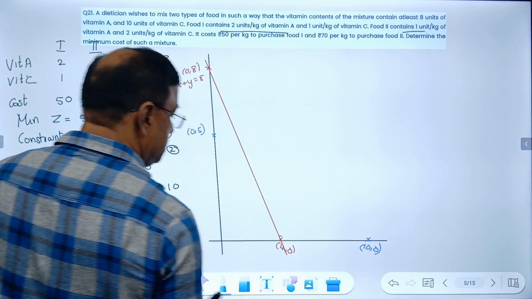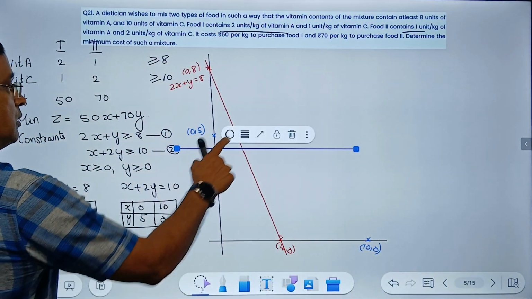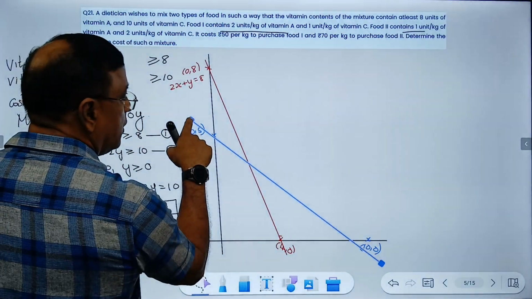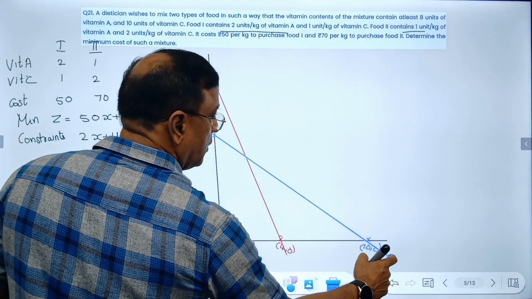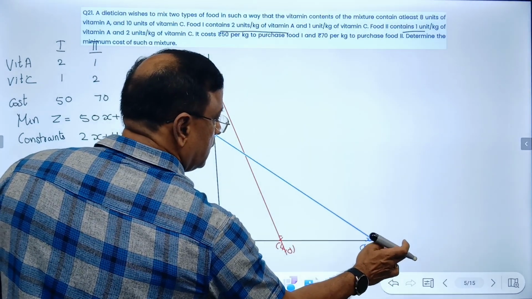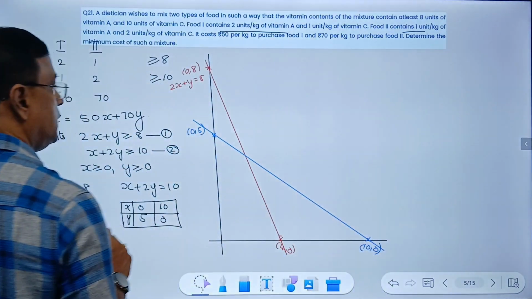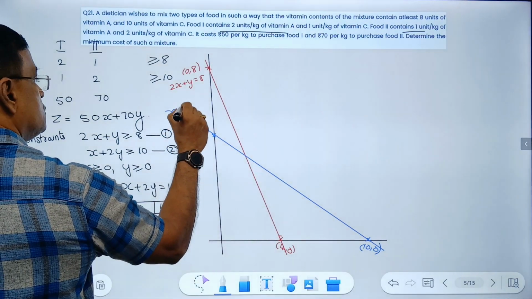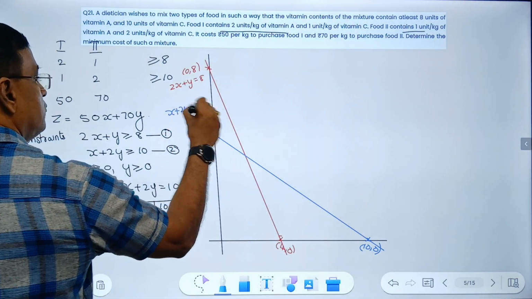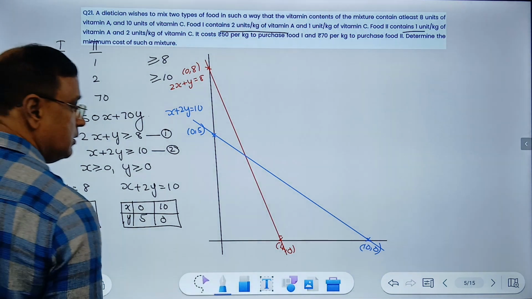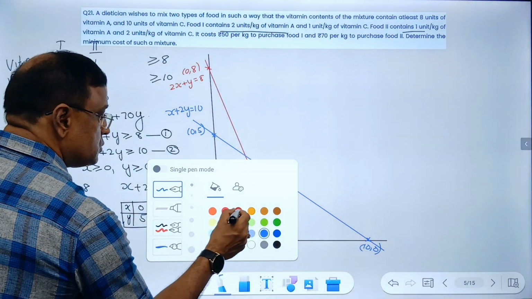Now draw the graph. Okay, that's done. And the equation is x plus 2y equal to 10. So it's all done. Now it's time to check whether the solution is correct or not.